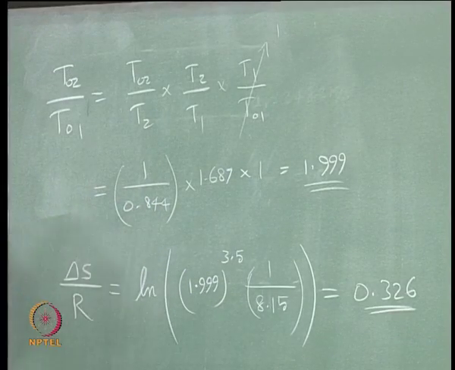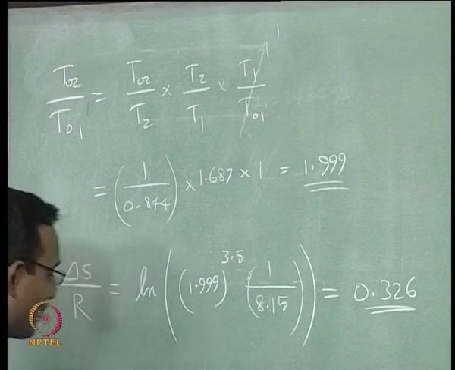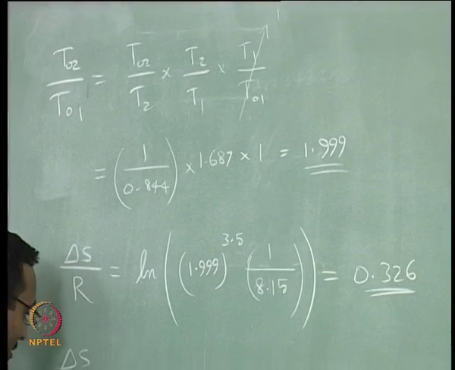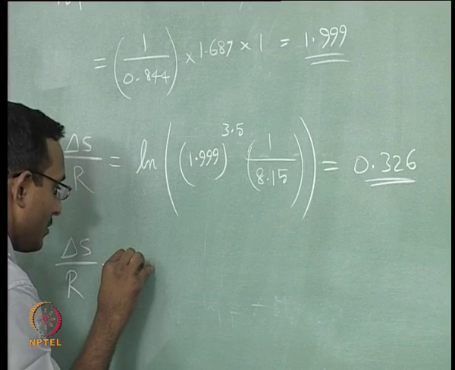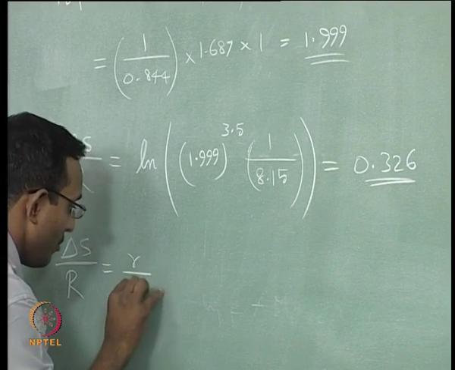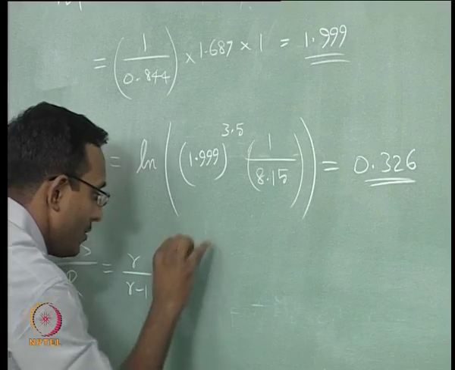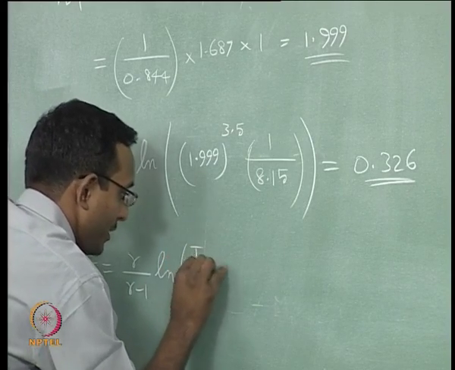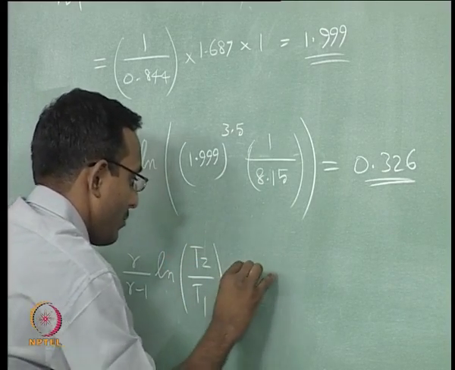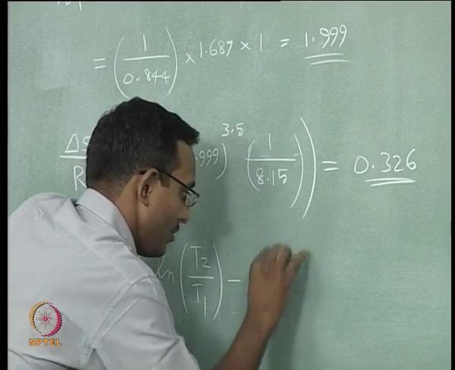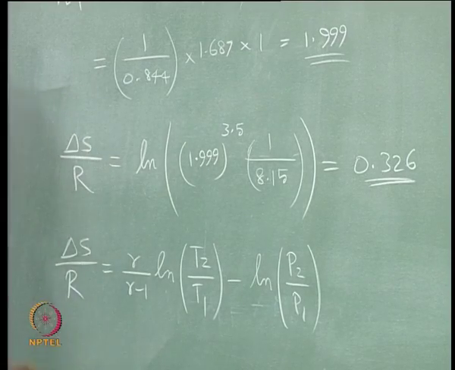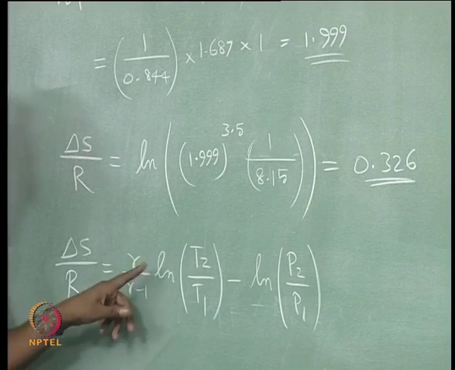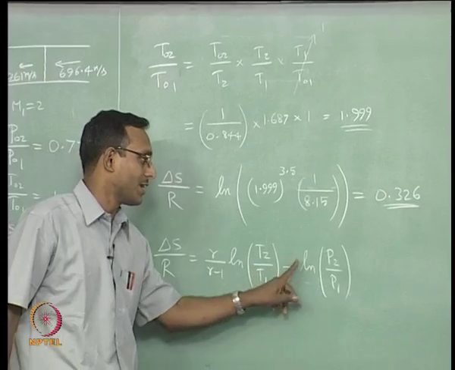Now let us say I do not want to use this complicated T naught based formula, I directly go and use delta S by R equal to gamma by gamma minus 1 log T2 by T1 minus log P2 by P1. Where did I get this? This is the same as delta S equal to Cp log T2 by T1 minus R log P2 by P1.